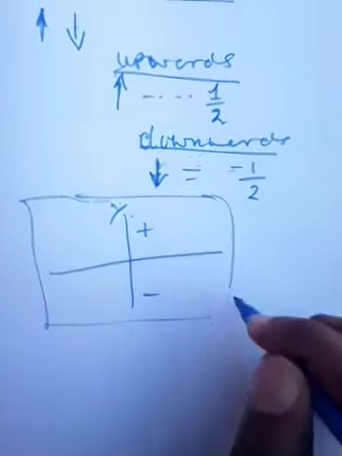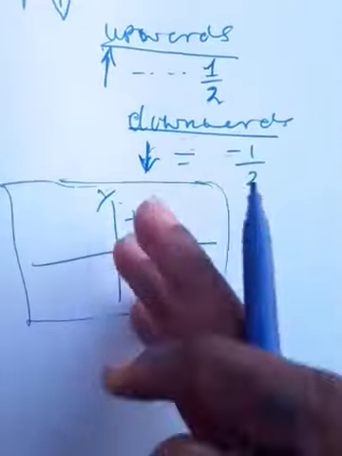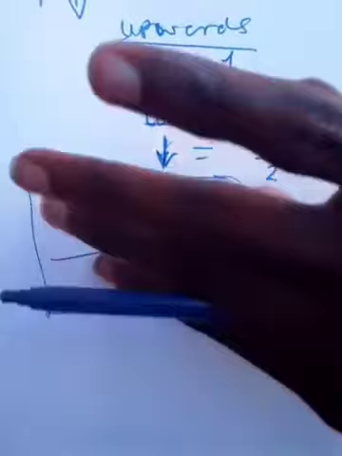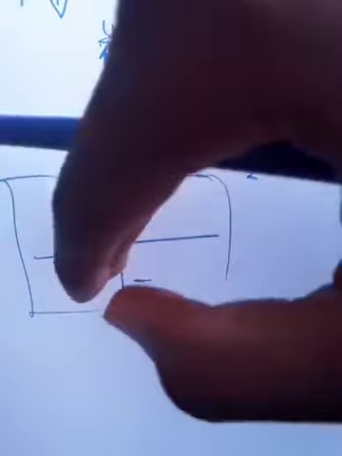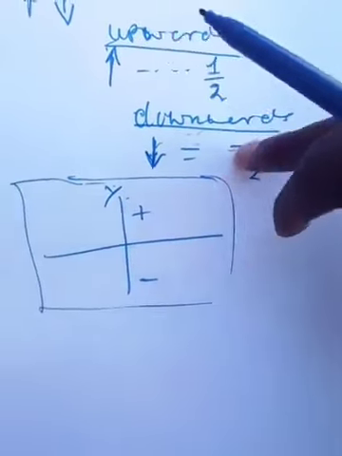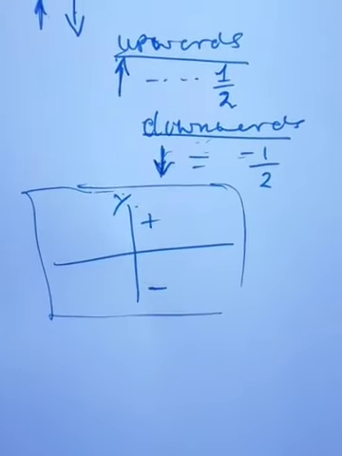So if it's pointing upwards, since on the Cartesian plane the positive numbers are found on the upward side, it is positive. If it is pointing downwards, where the numbers on the Cartesian plane are negative, it is going to have a negative spin number. So this is it. Okay?